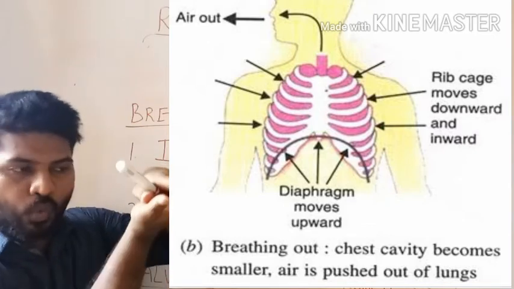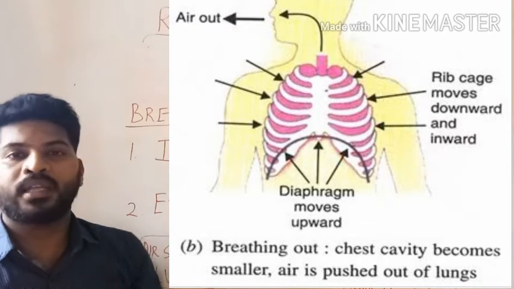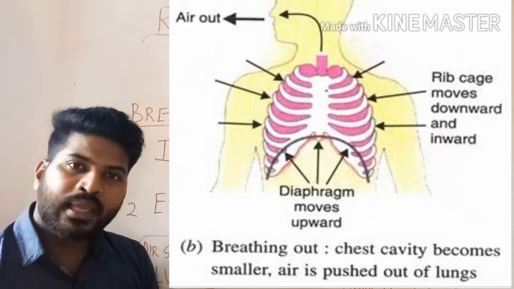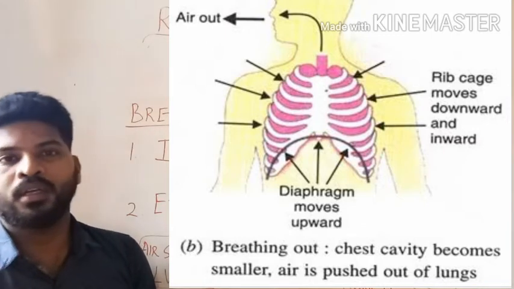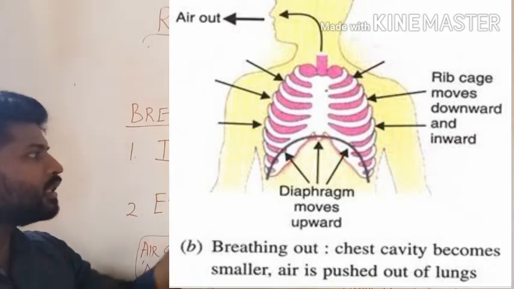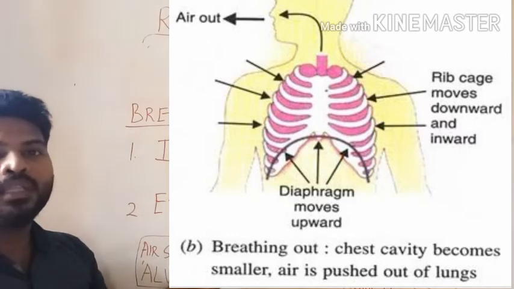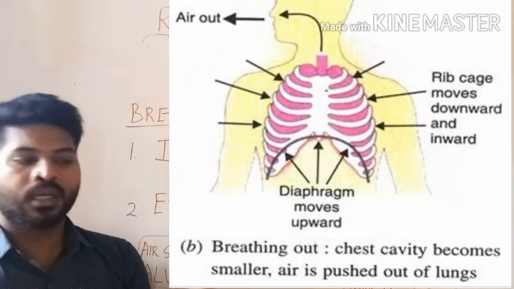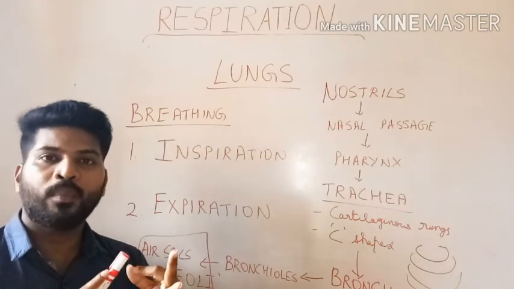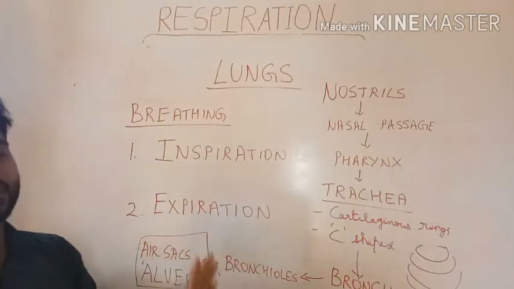When volume decreases, pressure will increase. Because of this increased pressure, air is thrown out through the nostrils. This is how air is taken in the process of inspiration, and air is breathed out in the process of expiration. The rib cage and the diaphragm play an important role in inspiration and expiration.